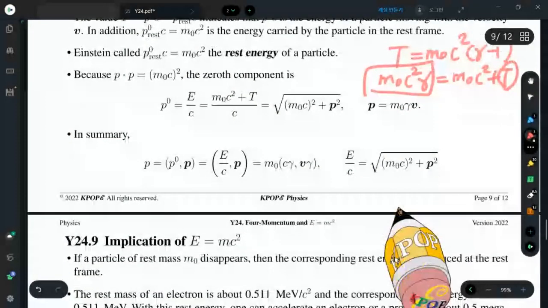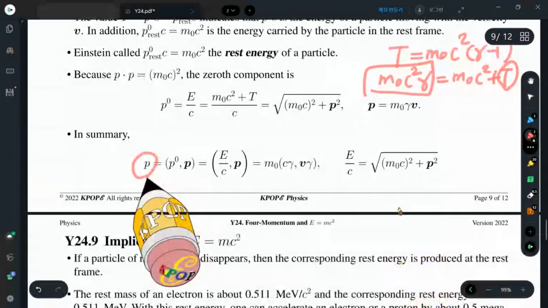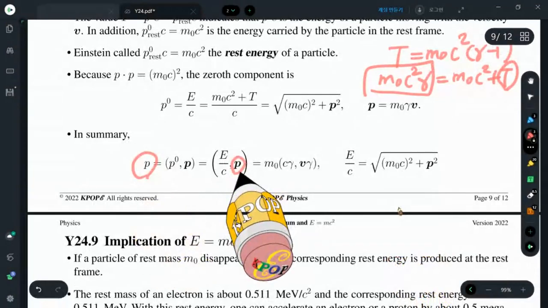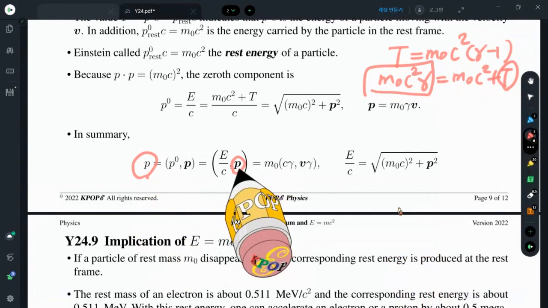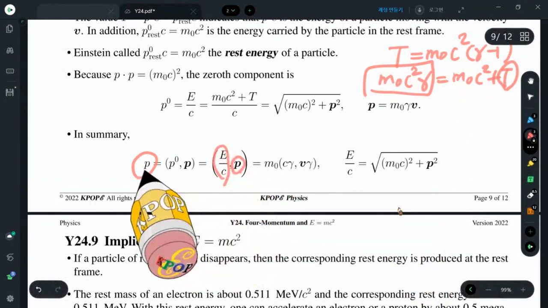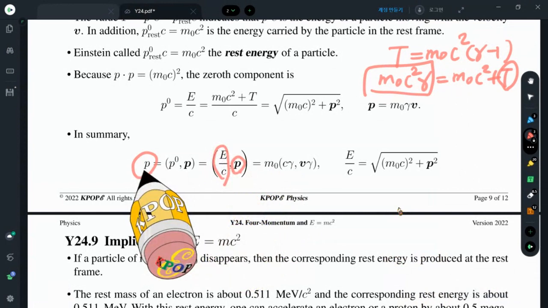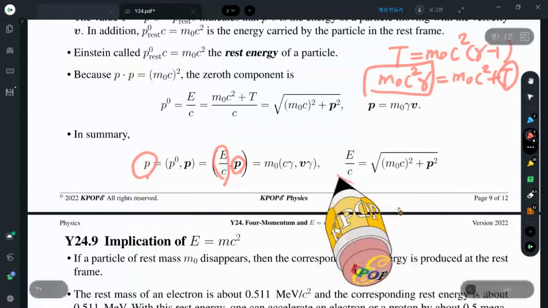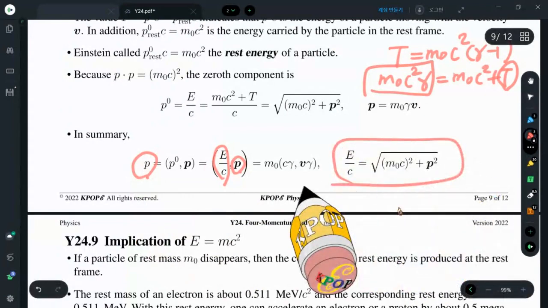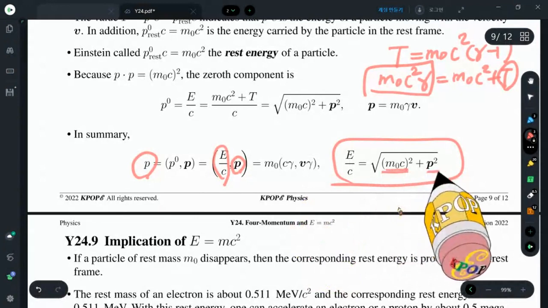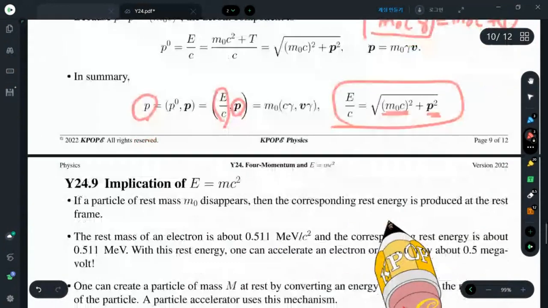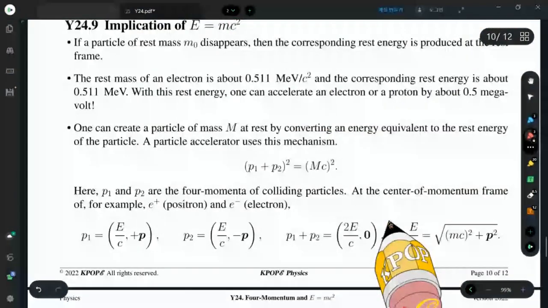As a result, the four-momentum has a spatial component that has the velocity-dependent mass, and the zeroth component of the four-momentum is now identified by the energy. And the energy is the sum of rest energy and the kinetic energy.